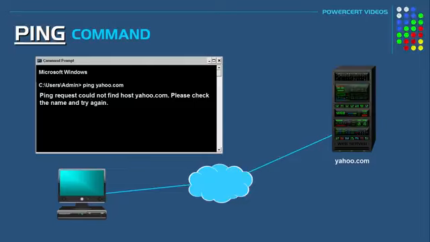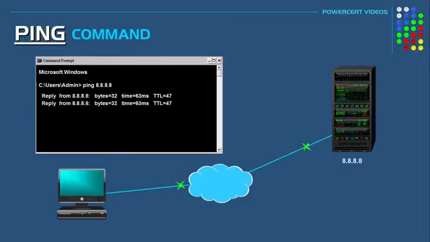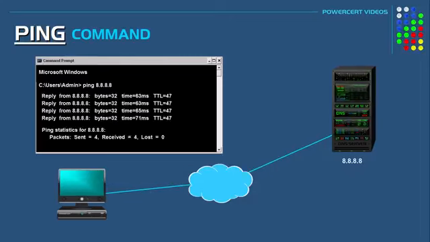Or if you don't, like most of us, you can type in an easy IP address to remember, such as Google's DNS IP address, which is 8.8.8.8. If the ping was successful this time, then this confirms it's a DNS issue, because the computer can ping IP addresses, but it can't ping domain names.